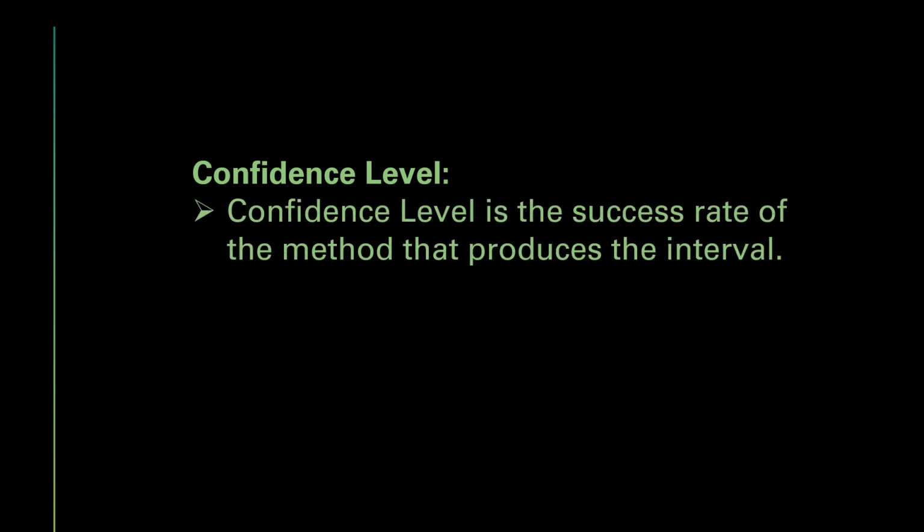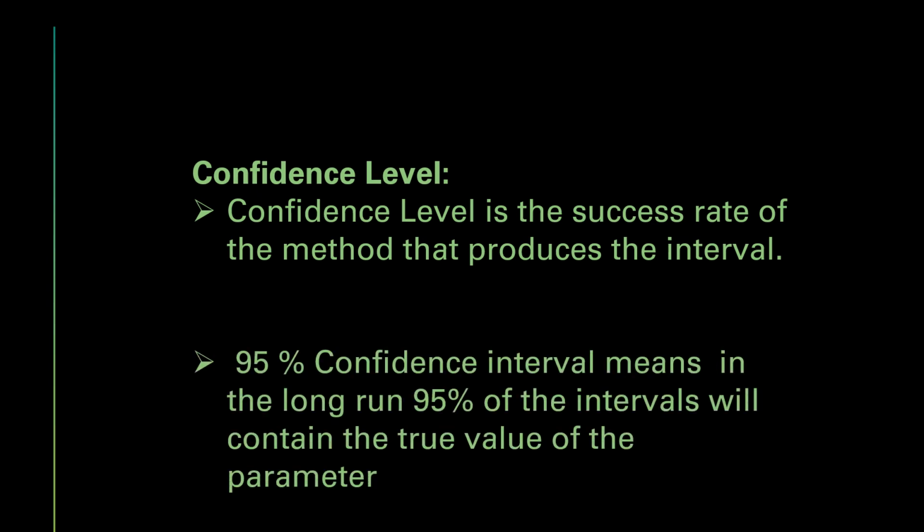So when we see the confidence level, it is a success rate of the method that produces the interval. A 95% confidence interval means, in the long run, 95% of the intervals will contain the true value of the population parameter.